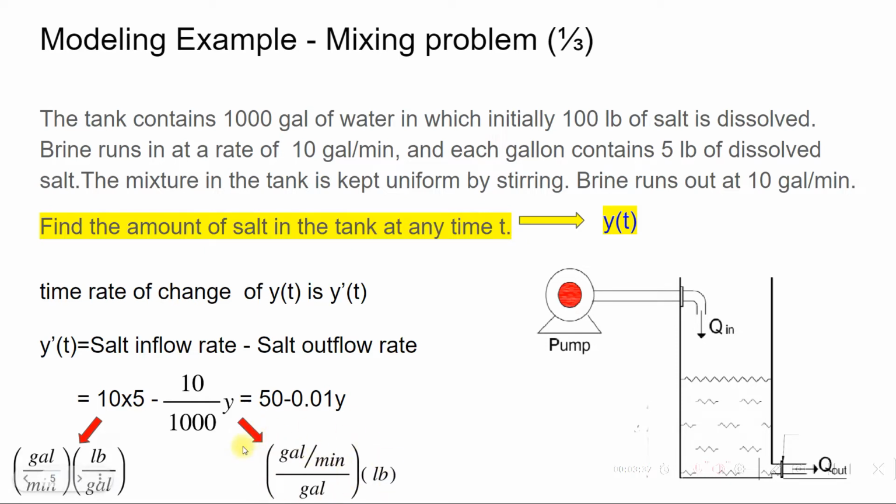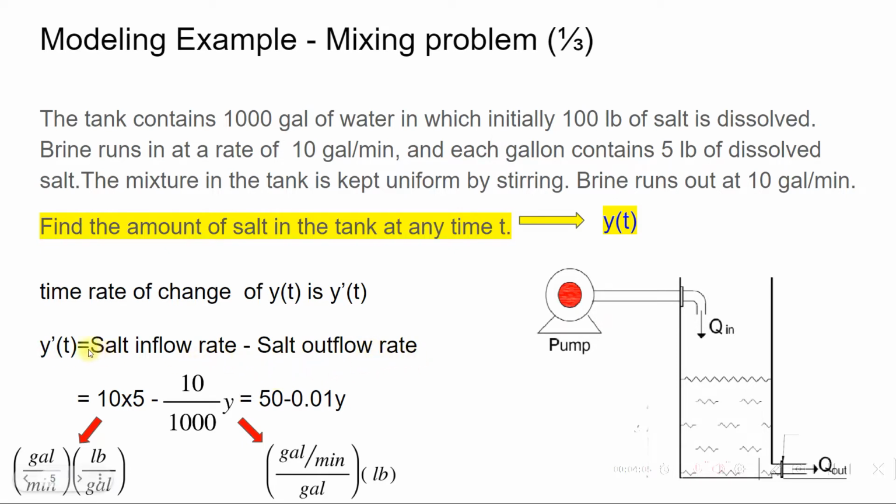And also we can compare this physical unit, pounds per minute, to this description, and we can see that because pounds per minute is the mass flow rate, it aligns with the definition of salt inflow rate and salt outflow rate.